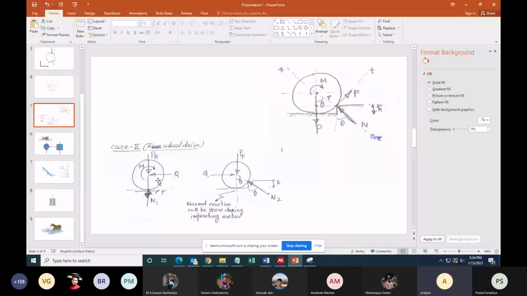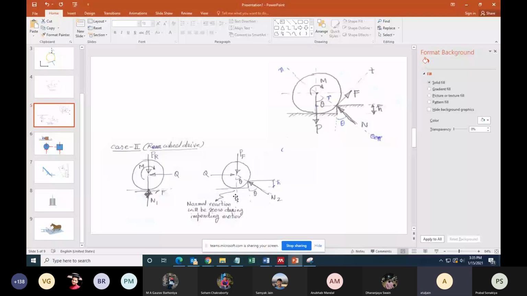So the free body diagrams look something like this. In the first case, you have torque in the front wheel, unknown is H. In the second case, torque is in the back wheel, which leads to a load Q in the front wheel, and you have to find out H. You have to keep in mind that normal reaction during impending motion here is 0.